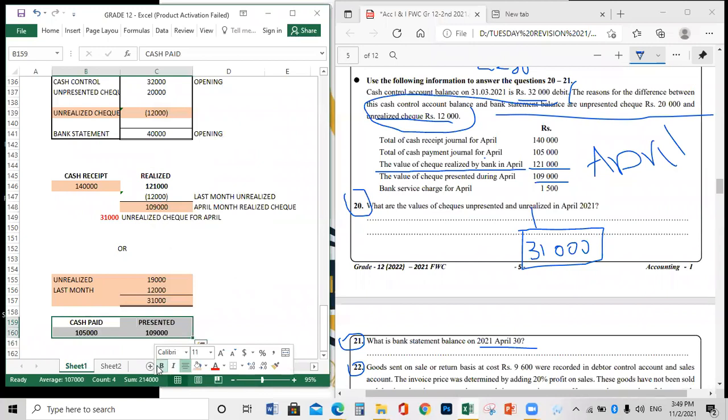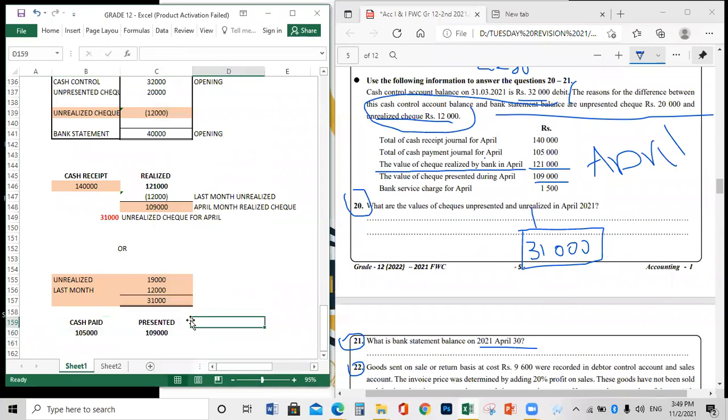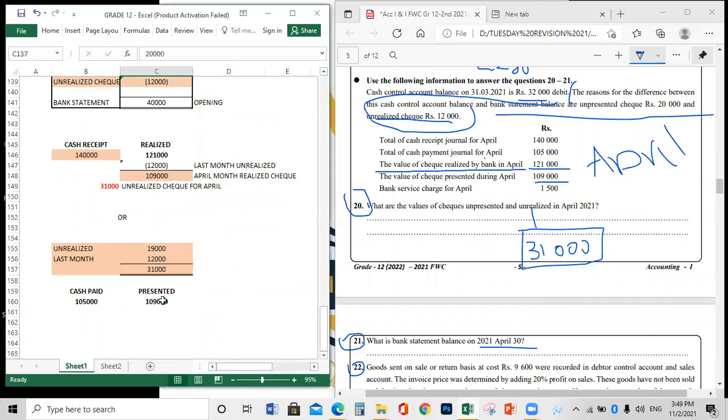Now see, guys. If you see this, they have given that last month there is an unpresented check of 20,000. So the first method you can do is take it out from this presented amount, because it includes last month's unpresented check.